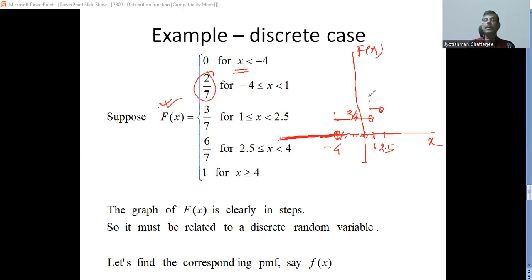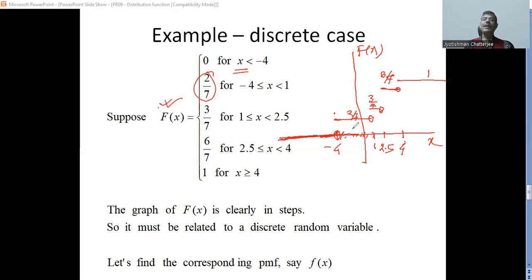This is 3/7, and so on. At the point 2.5, it takes another jump. It comes to the height 6/7, goes up to before 4, and at 4 it becomes 1 and continues like this. Here the height is 1.